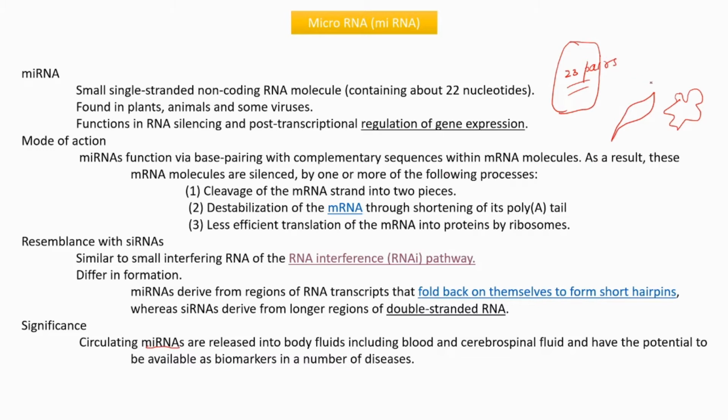Take the case of different cells, a muscle cell or a nerve cell. For differentiating into such different types, it is very necessary to keep some genes suppressed. That suppression is to a certain extent done by miRNAs. I think you understand the significance.